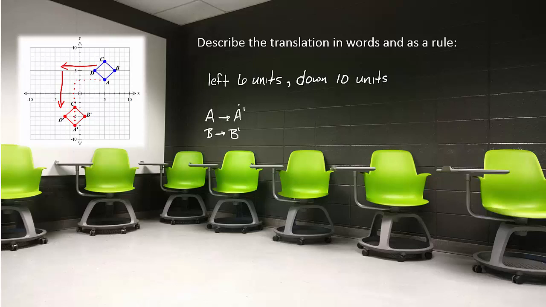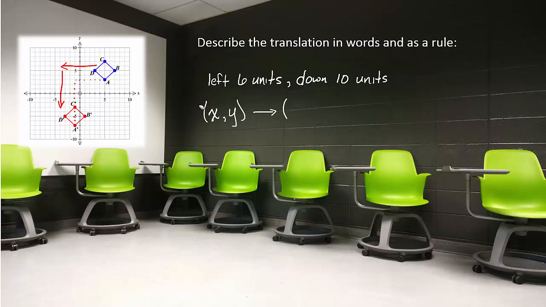Now, if we wanted to describe it as a rule, we have to use arrow notation. So as a rule, we always start by listing X, Y as a coordinate. And this shows that whatever the original is, we use arrow notation. And this arrow means a transformation has occurred.